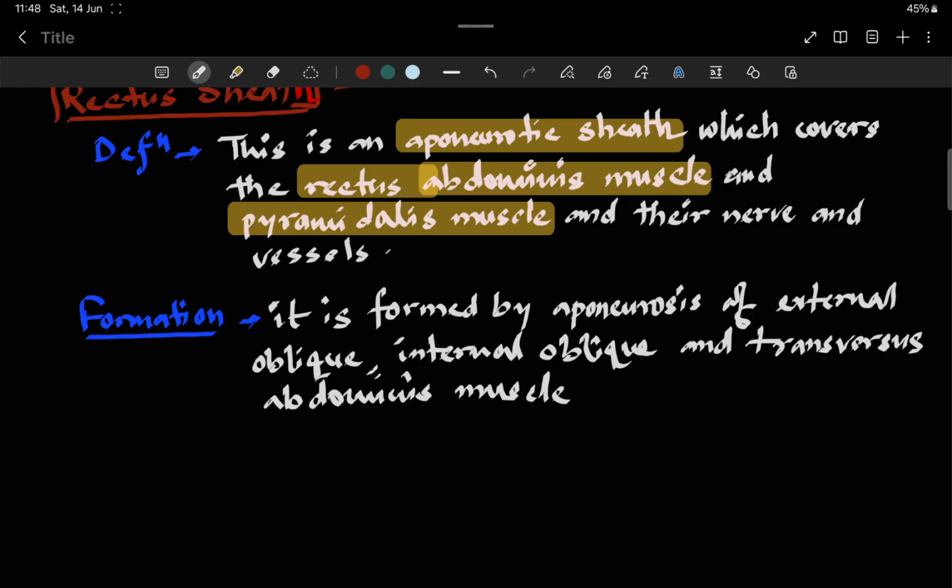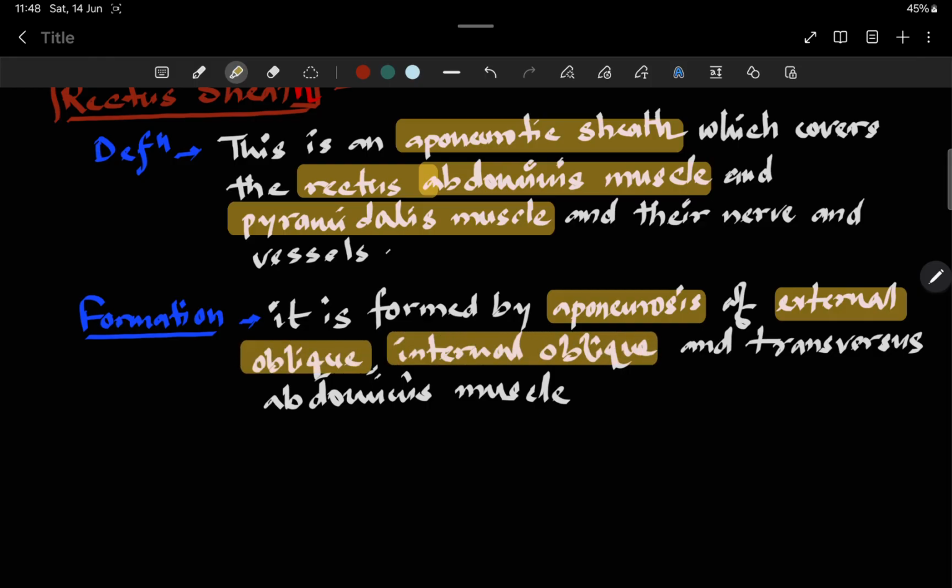Again, 3 points are there: aponeurosis of the external oblique, internal oblique and transversus abdominis.